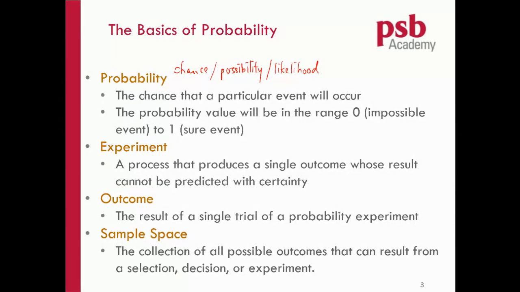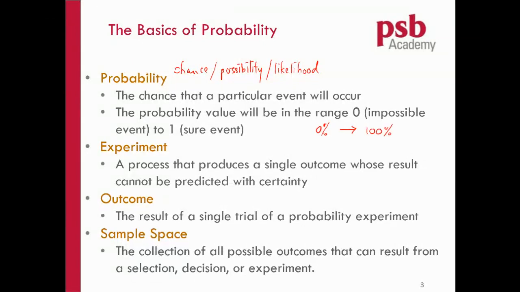It will be 0%. Something cannot happen, right? What about something that surely happens? You usually tell your friends, I'm 100% sure, I tell you that this will happen, right? So the maximum that you have is 100% chance.